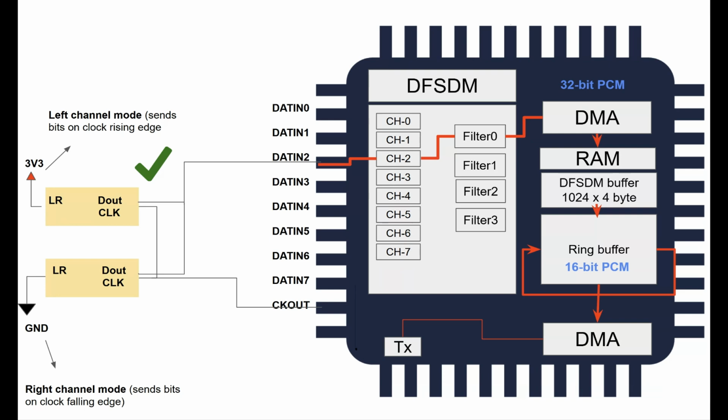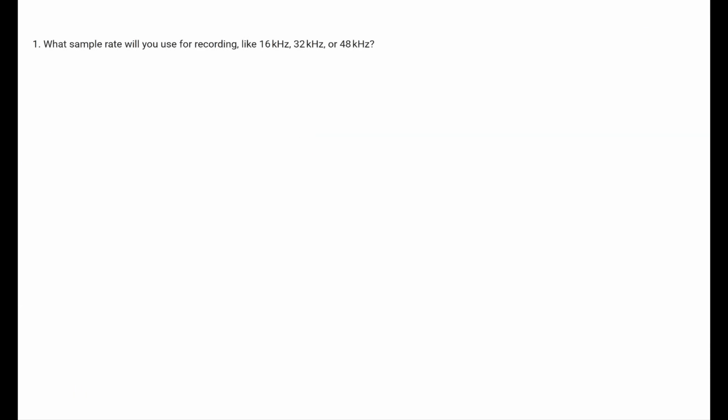Before using the DFSDM, we need to answer some important questions. The first question is, what sample rate will be used for recording? Is it 16 kHz, 32 kHz, or 48 kHz? The second question is, what is the bit depth for each sample? For example, is it 16 bit or 24 bits?